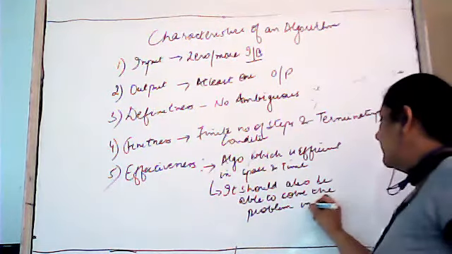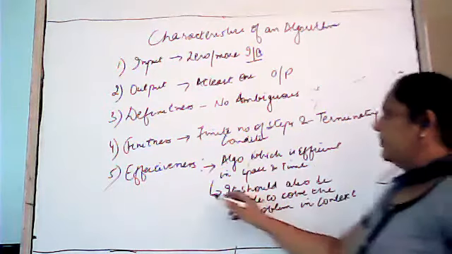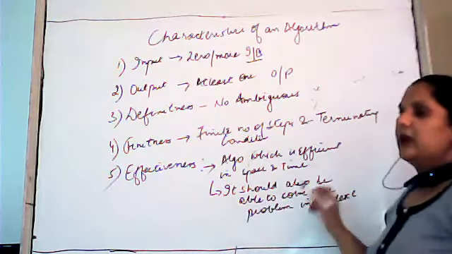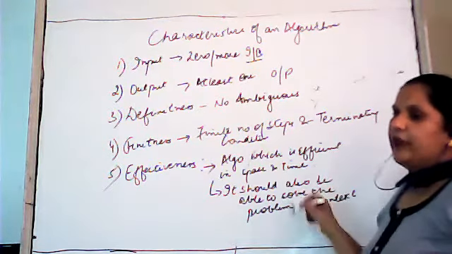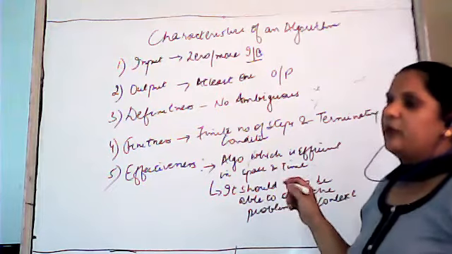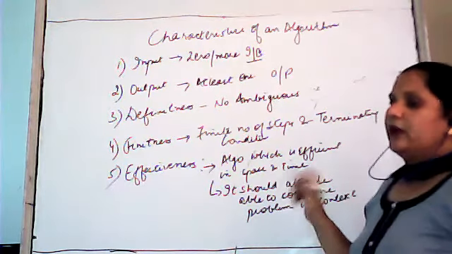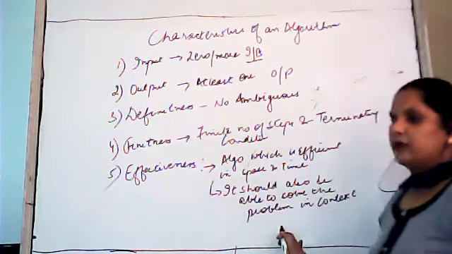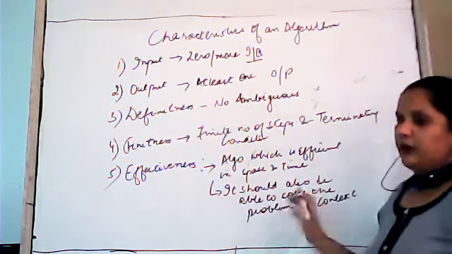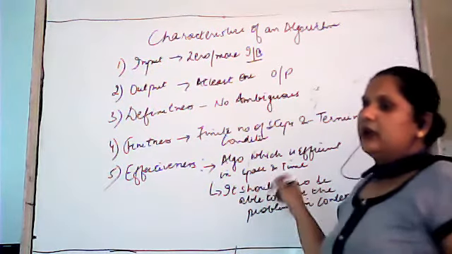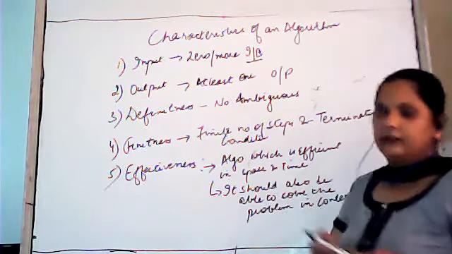In the given context, effectiveness of a program or algorithm means it should be able to devise the solution to a given problem in the context. Whatever problem is being given to you, your algorithm should be able to devise the appropriate solution for the given problem in terms of space and time. Okay, so these are the characteristics of the algorithm.